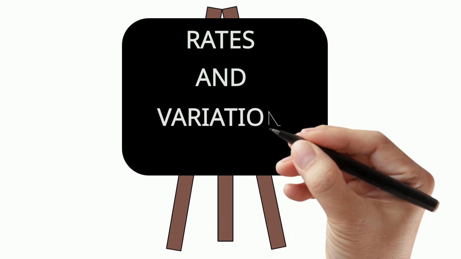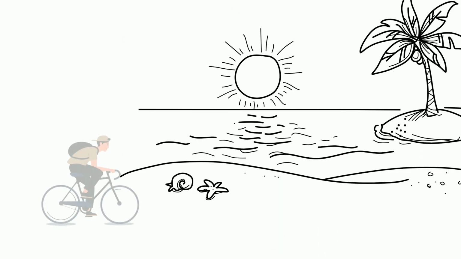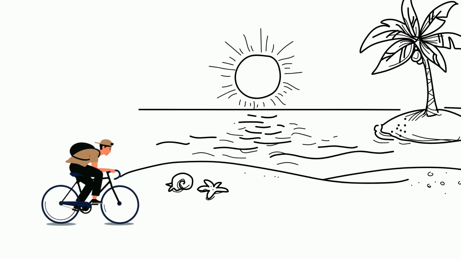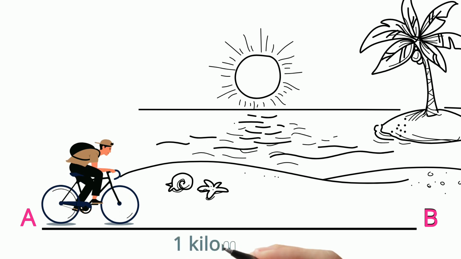Before jumping into our discussion, do you see our fellow friend riding a bicycle? Suppose he is going from point A and he wants to get to point B. Of course, we know that the distance from point A to B is 1 kilometer.